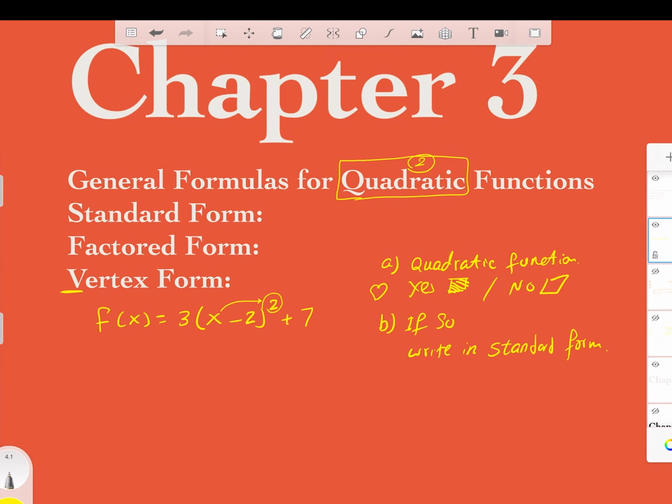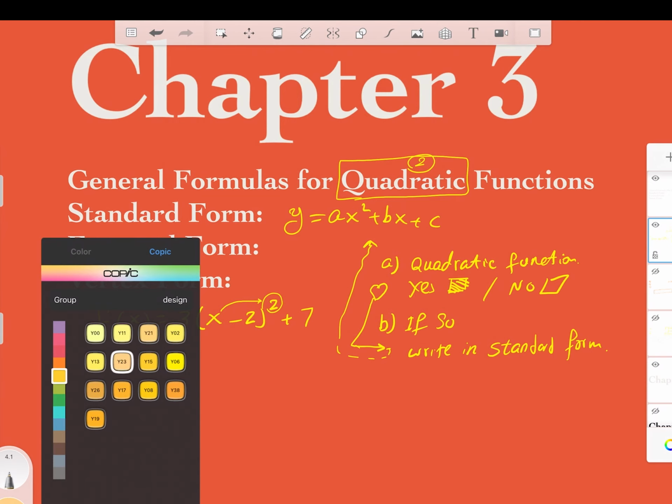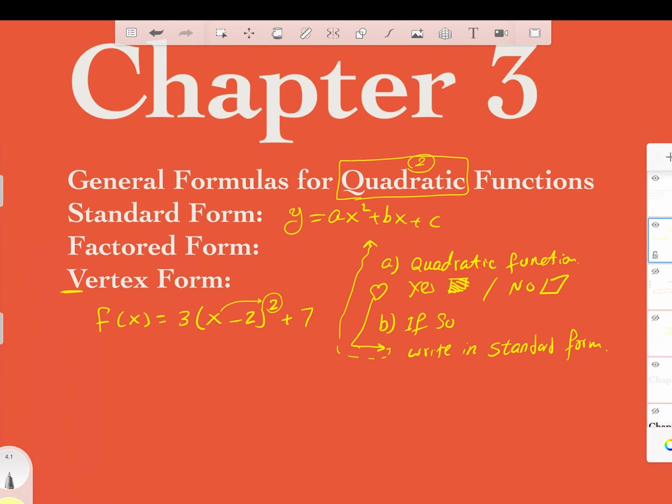Now when it's quadratic, you need to write it in standard form. What is standard form? In your note sheet, you have y equals ax squared plus bx plus c. This is in the vertex form, so we have to make it into this form.